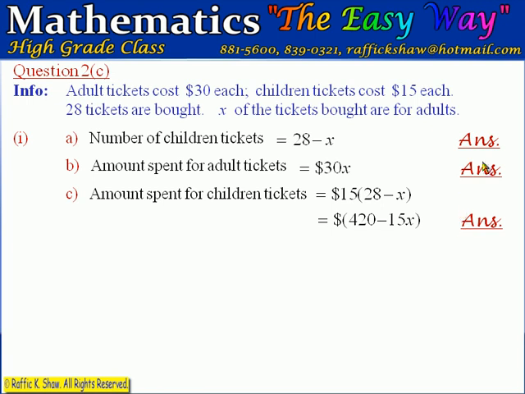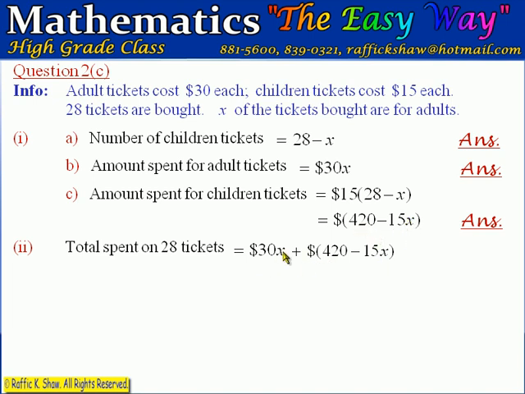Now part 2 is asking us to show the total amount spent on the 28 tickets. So the total amount spent on the 28 tickets is the amount spent on the adult tickets plus the amount spent on the children tickets, right? So that's it. The amount spent on the adult tickets is 30X, and the amount spent on the children tickets is 420 minus 15X dollars.